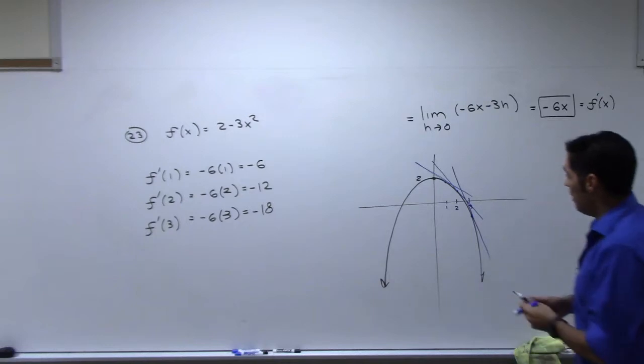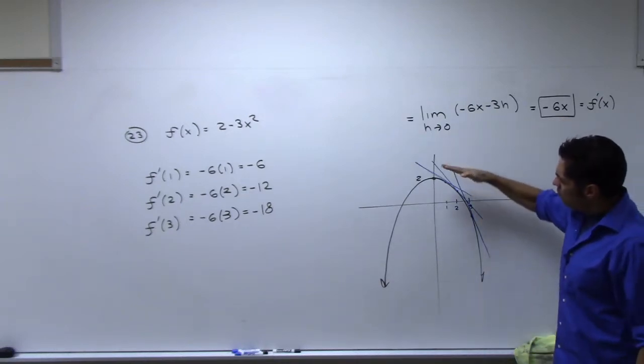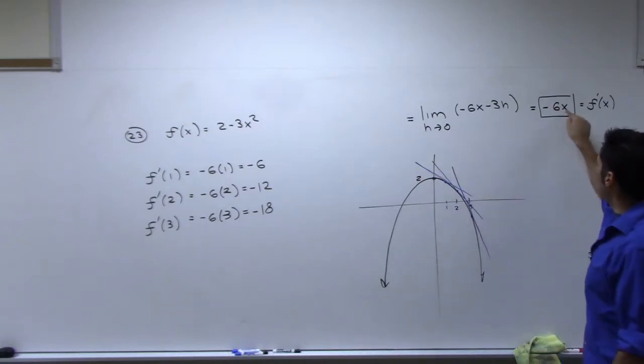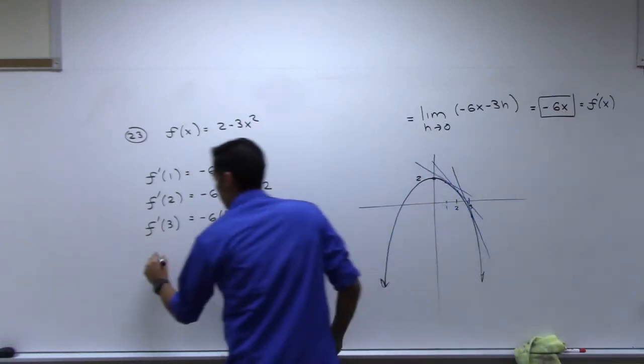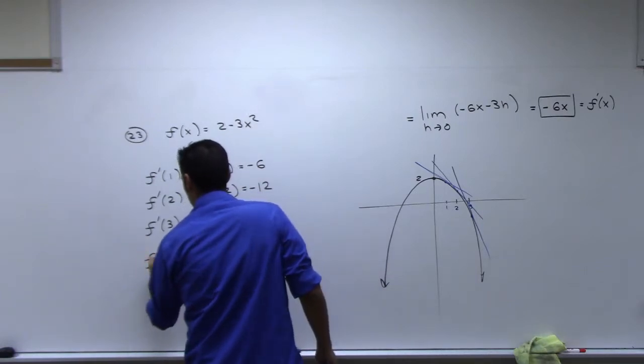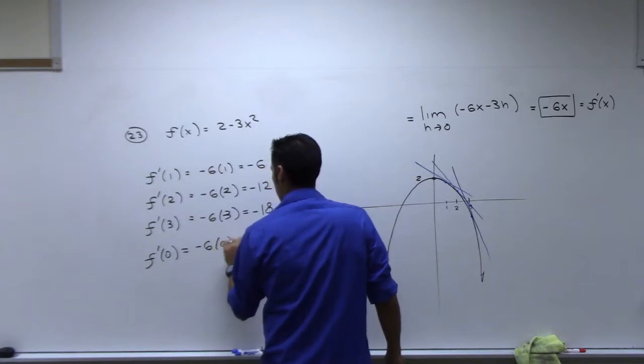So the derivative allows us to find the slopes of these tangent lines at any given value of x. And I'll just point out right now, even though it's not asked, that if I take the derivative at 0, it's negative 6 times 0, which is just 0.